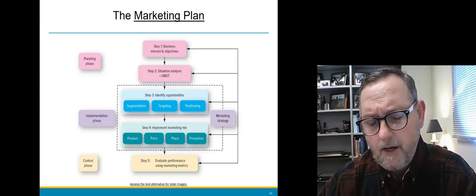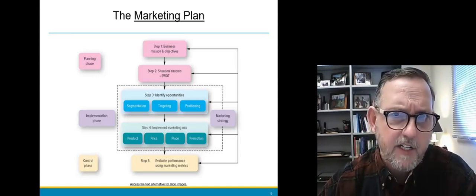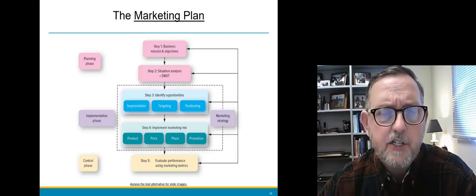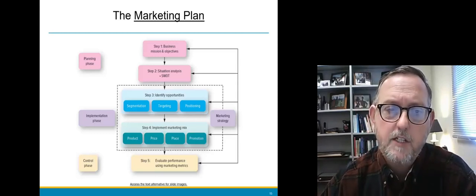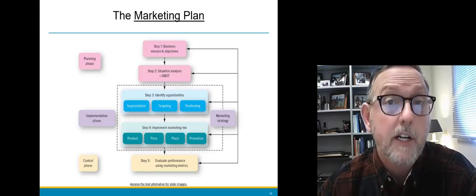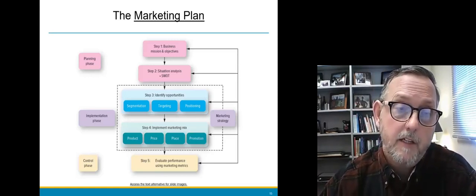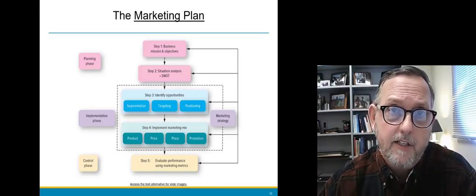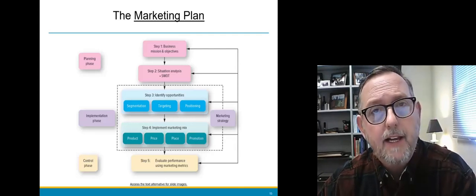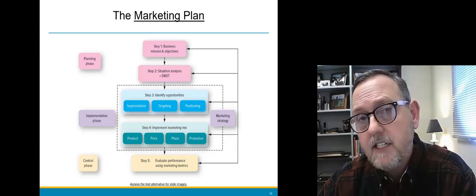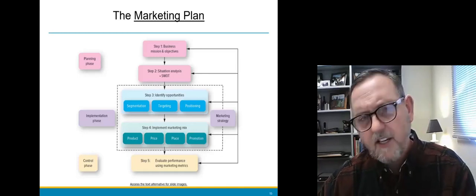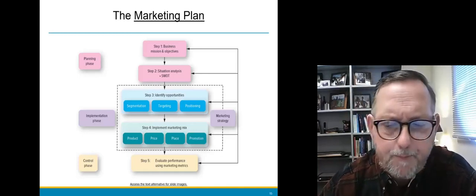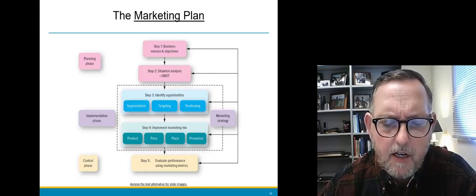Then we get into what might be the strategy and implementation stage or series of steps where we focus on activities that are very, very marketing related and unlike other areas of the firm in terms of operation. And then the last stage is going to be monitoring and evaluating. So this is kind of the introduction to the plan and an outline of this.